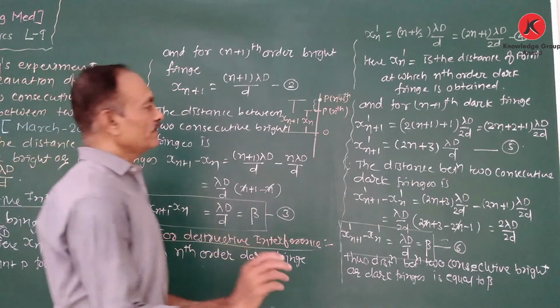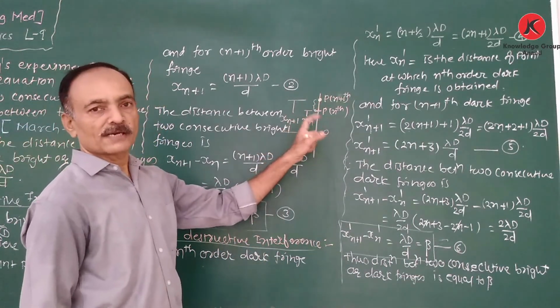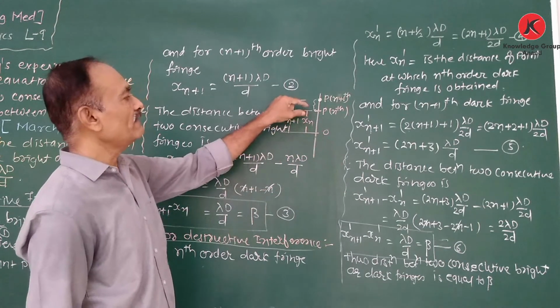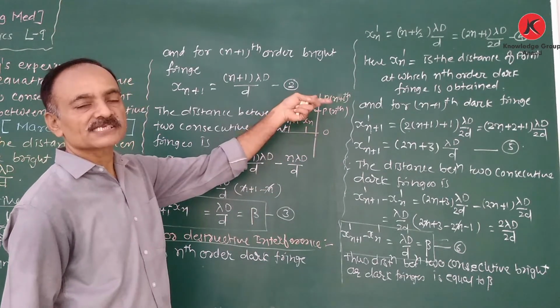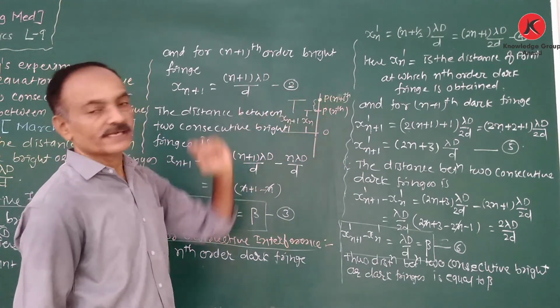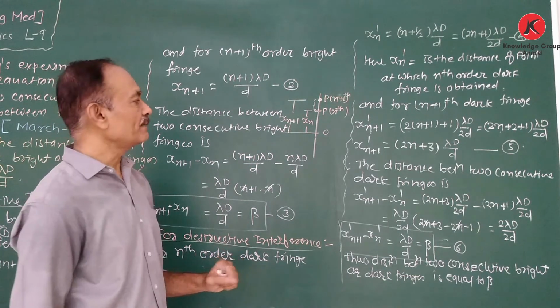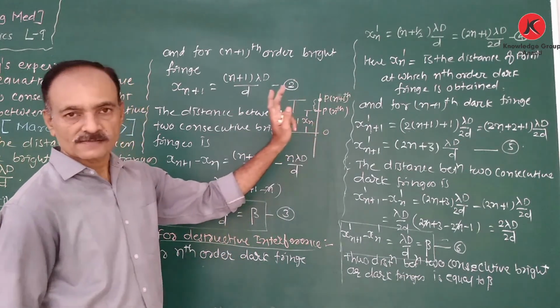Now here, this figure is not important, but it is for our understanding, why we take the n and n plus 1 order, either the bright or the dark fringes.